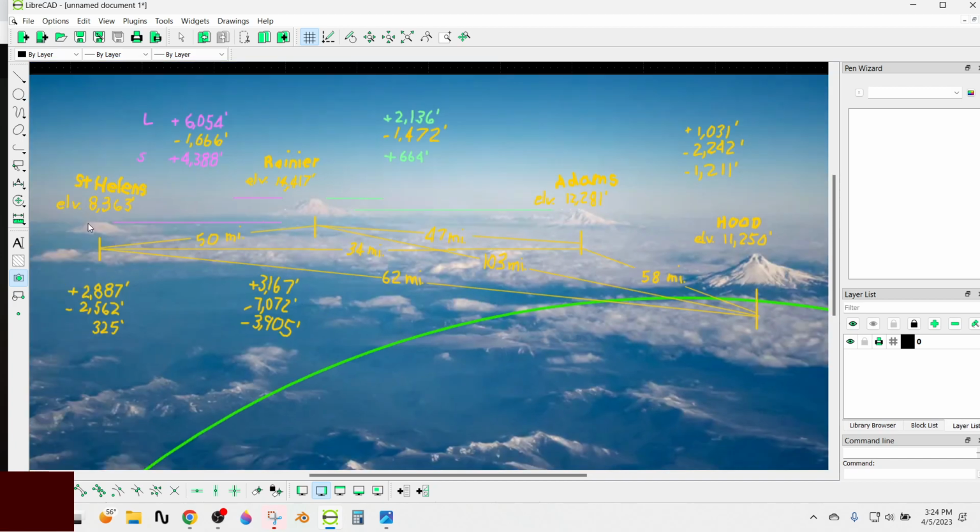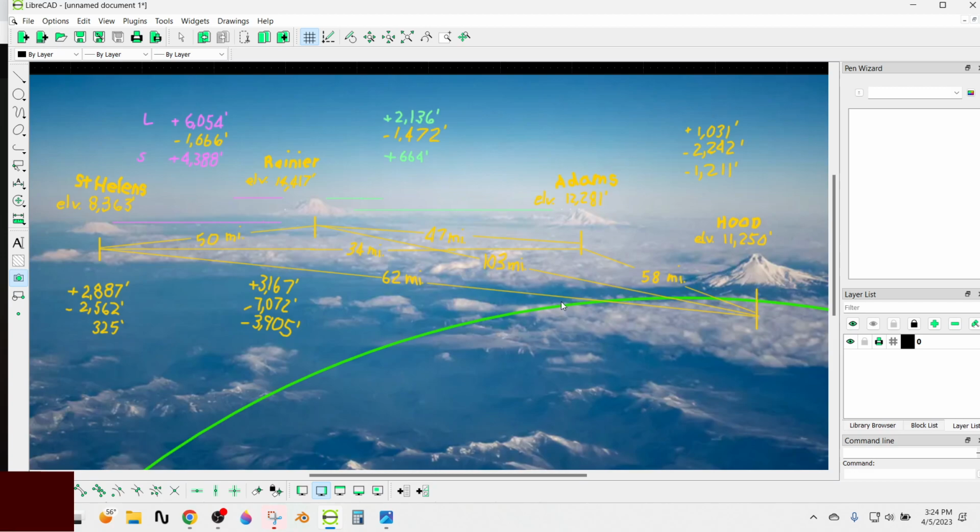First of all, let's remember that Mount St. Helens is the shortest of all of the mountains, rolling in at 8,363 feet. That is a difference of 2,887 feet lower than Hood, yet she appears to be higher.